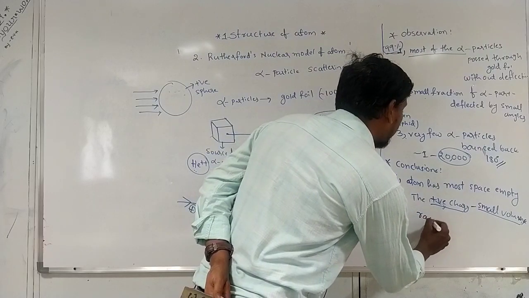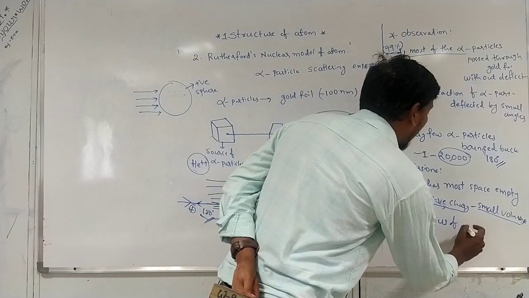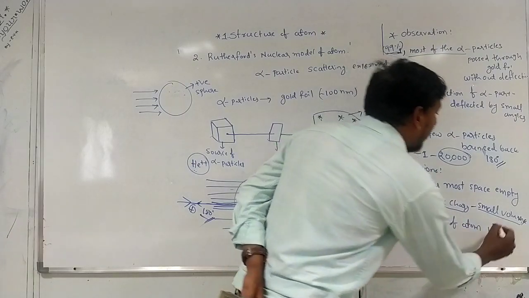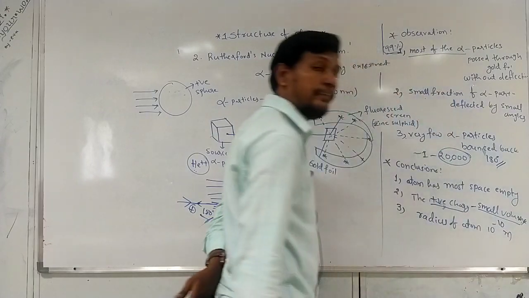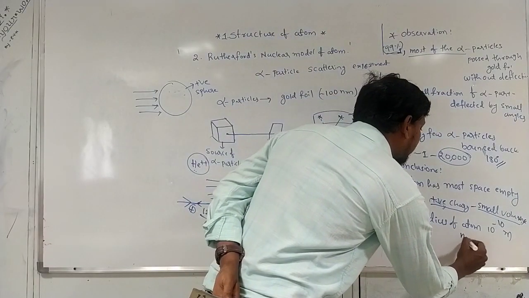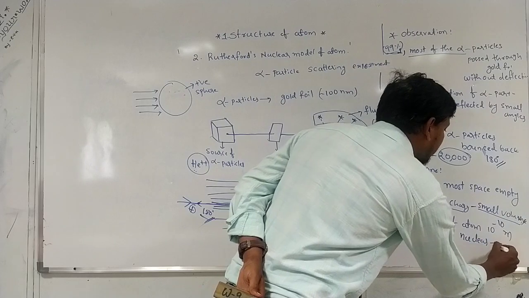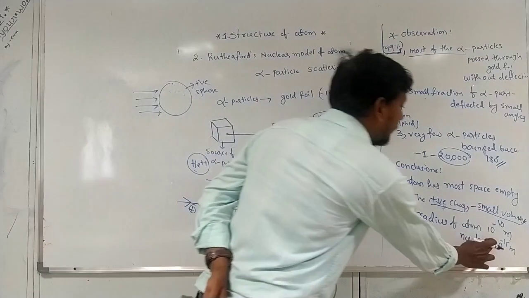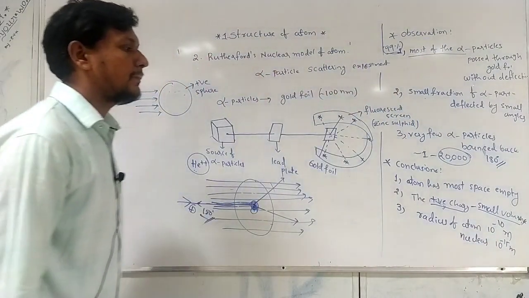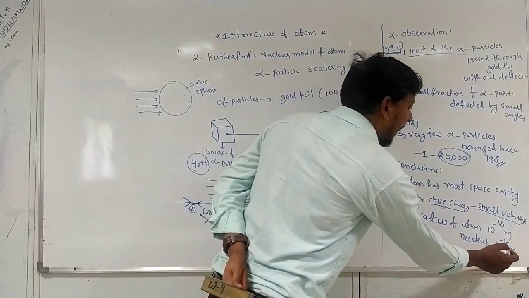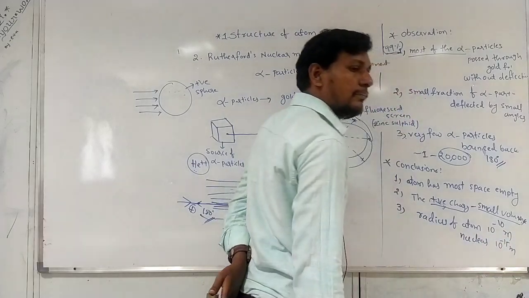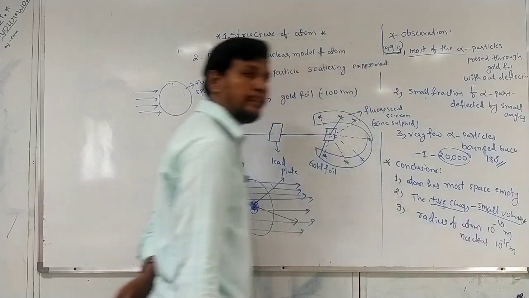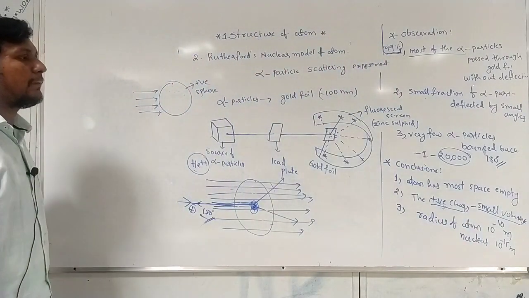The radius of the atom is 10 to the power minus 10 meter, and the radius of the nucleus is 10 to the power minus 15 meters. That's why the volume occupied by the nucleus is negligible compared to the volume occupied by the atom. That is the third one.